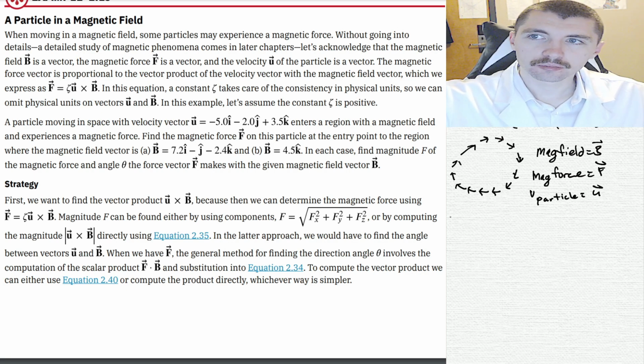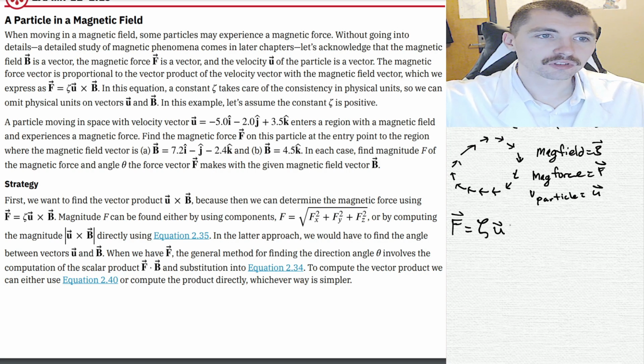Okay, so the magnetic force vector F equals some proportional thing times this.